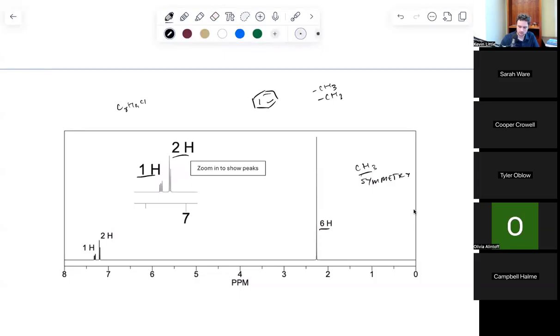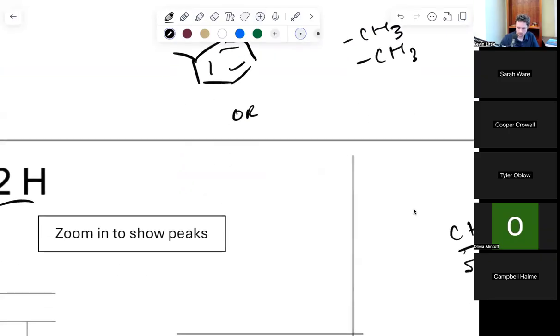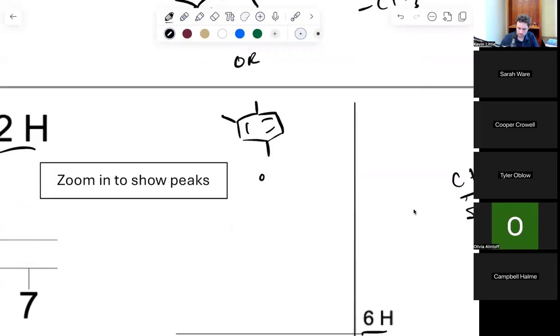So the question is, how do I decide if the 3 things are like this, or if the 3 things are like this, or if the 3 things are like this?